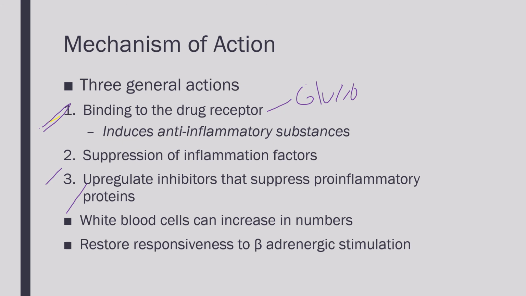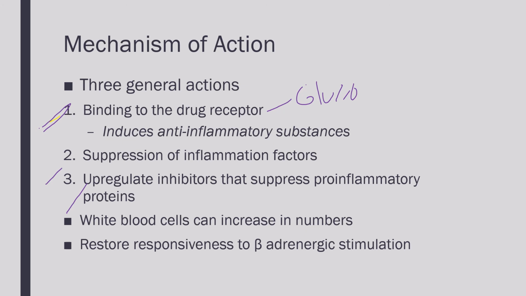And so this is the mechanism of action for these medications: binding to the drug receptor, suppressing the inflammatory factors, and then upregulating the inhibitors that suppress pro-inflammatory proteins. In other words, stop them from creating more inflammatory proteins. So that should help the patient.